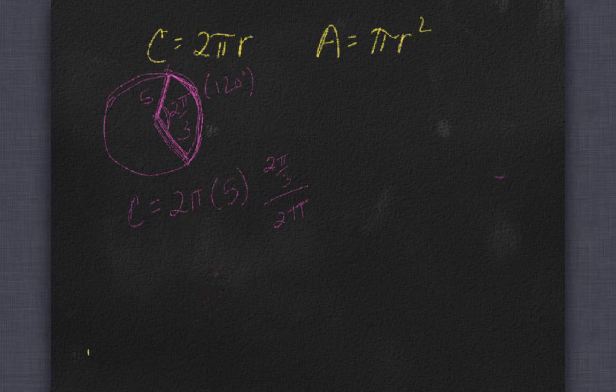So what happens is this 2 pi and this 2 pi, which came from the same place in nature and exist for the exact same reason as each other, they cancel. So what I get is 5 times 2 pi over 3. Radius times angle. So if we can deal in radians, then all we have to do for arc length is the radius times the measure of the angle.